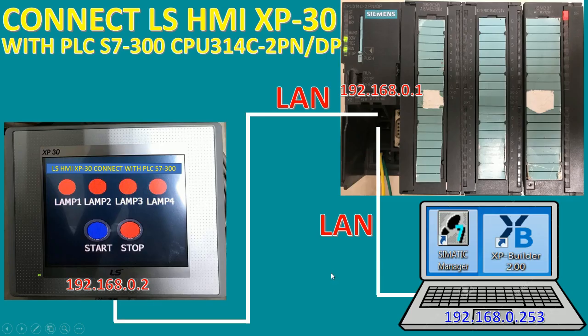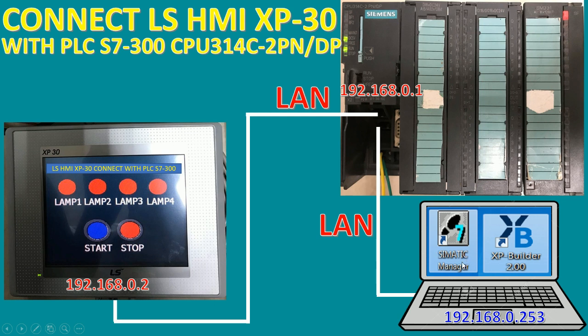Today I would like to show and share how to connect the HMI LS brand to the PLC S7-300 CPU 314C-2PN/DP. Okay. In this section, I will use two softwares.